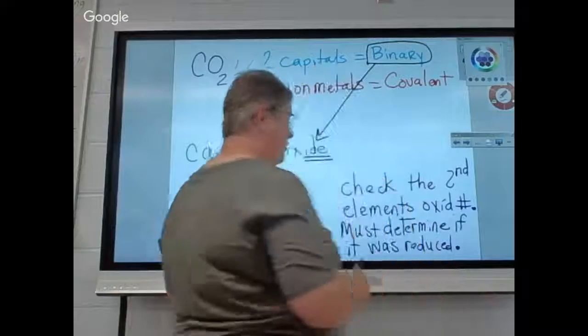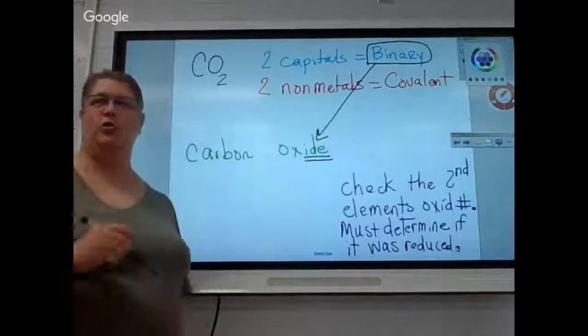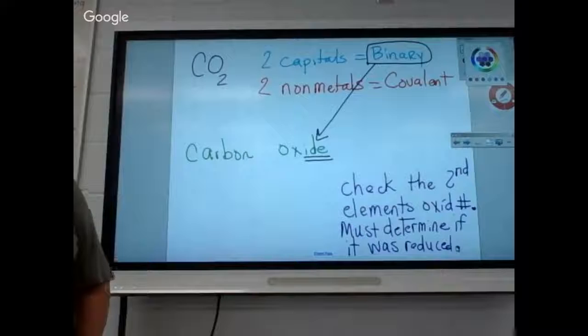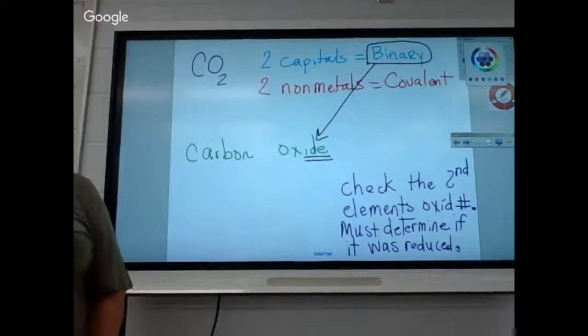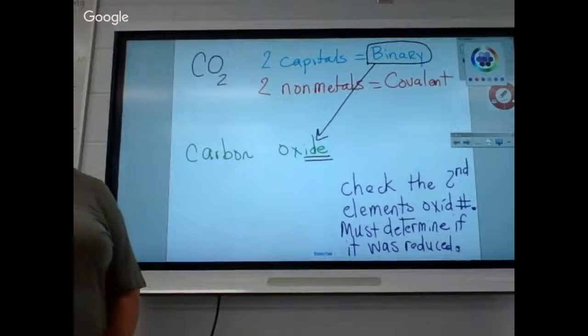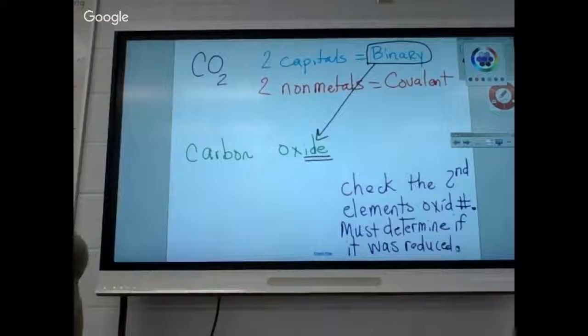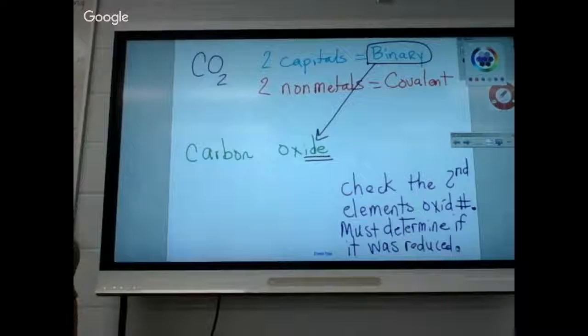Okay? This is the new piece that goes with covalent compounds specifically and the stock system. Now, this can happen in ionic compounds too. It's just a lot less likely. We have to check to see if the second element's oxidation number has been reduced.